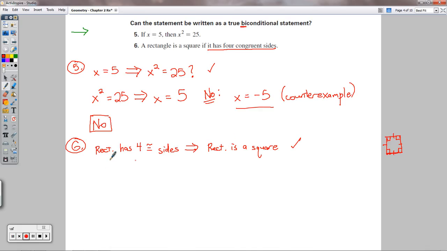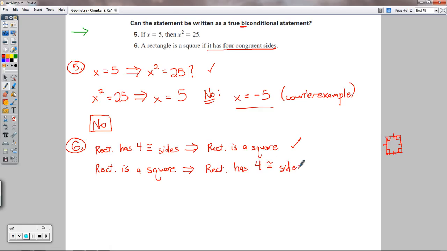Now if we switch that around, is it still true? Does it still have to be true? If a rectangle is a square, so you start off with this now. Does that imply that it has 4 congruent sides?